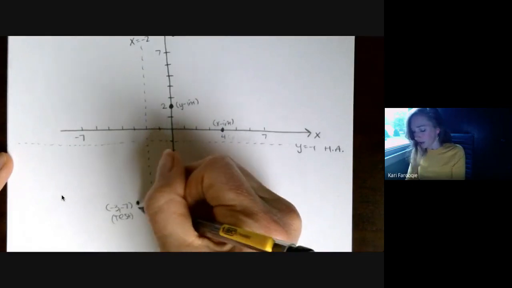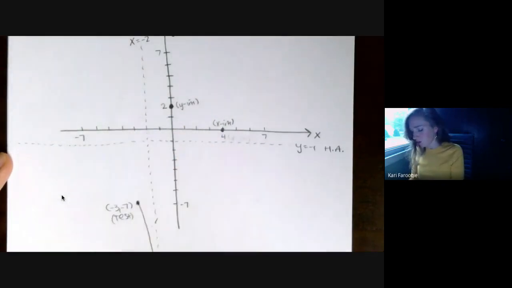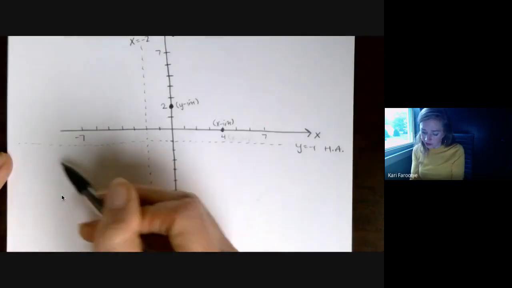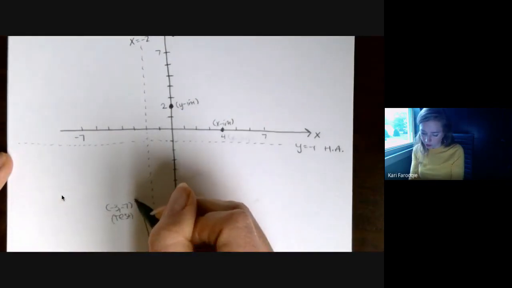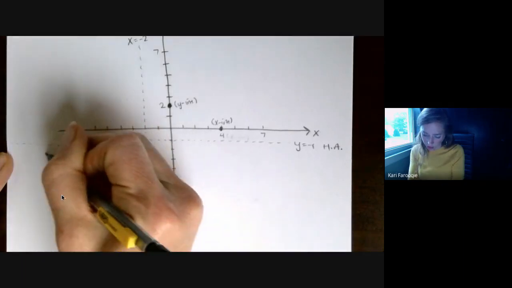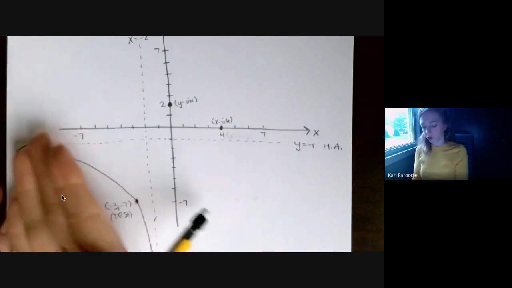So you're going to approach the vertical asymptote, try to do a good job approaching it, not touching it. And then you're going to show that as this function is decreasing from left to right, its concavity is downward. So you don't have a cup situation. You have a frown situation. And you're going to approach the horizontal asymptote.